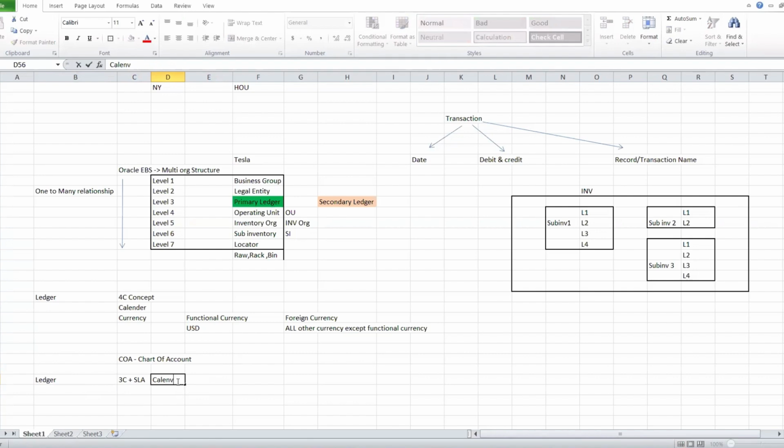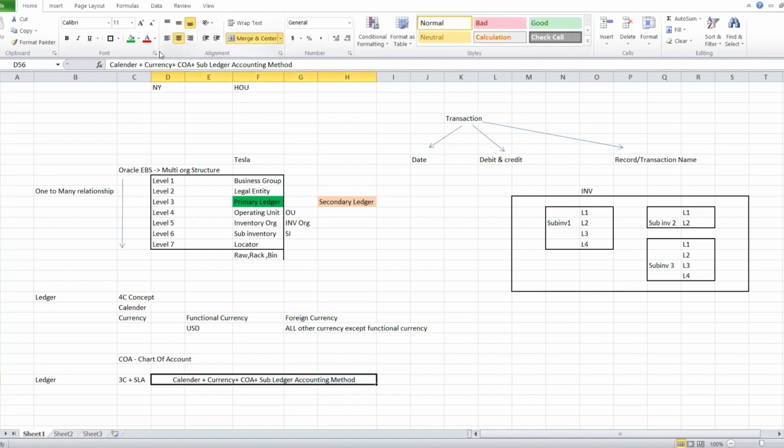If we merge the calendar plus currency plus chart of accounts and then plus the sub ledger accounting method, if we merge all this together, then we create a ledger.